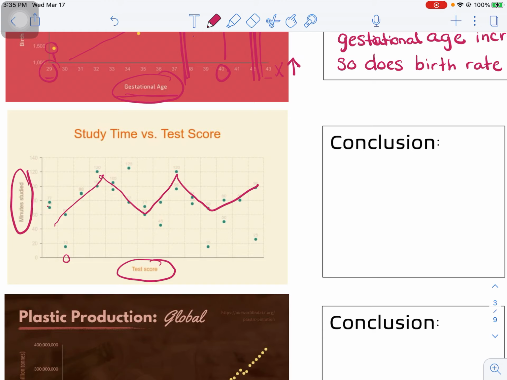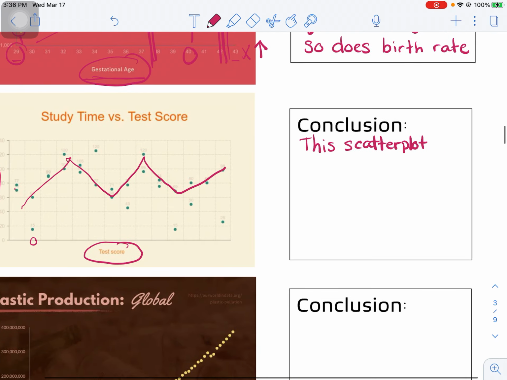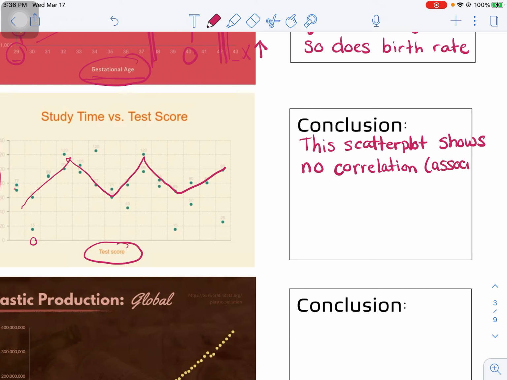This has no association. So this scatter plot shows no correlation or association. And I use those interchangeably. And that means there's no relationship between study time and test score for this data.